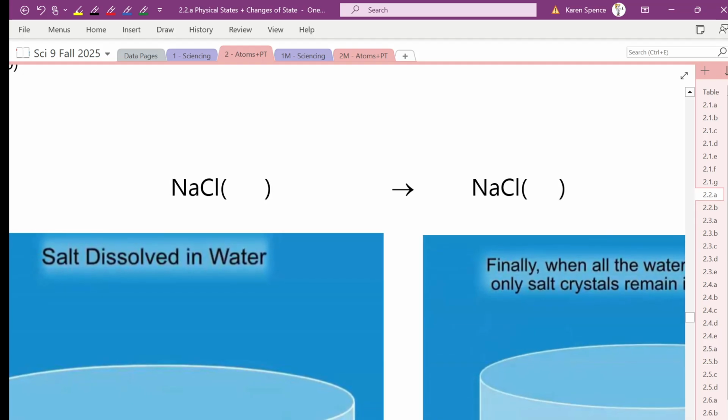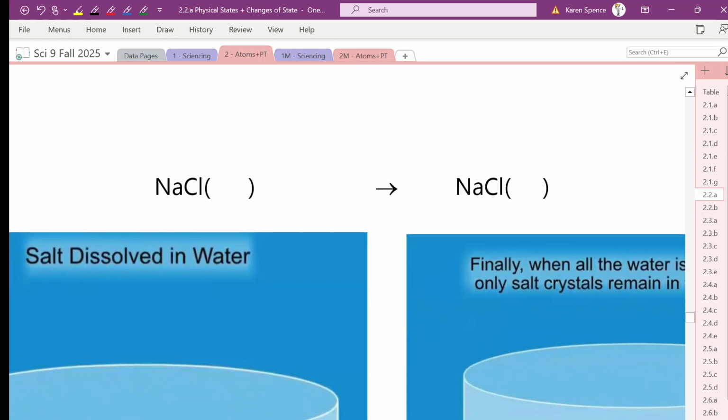So salt, remember, is Na. What do you notice about the capitalization here? Only the first letter of every element is capitalized.